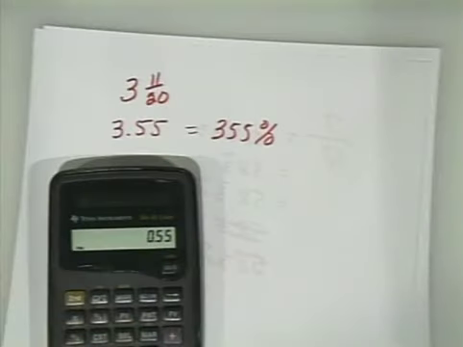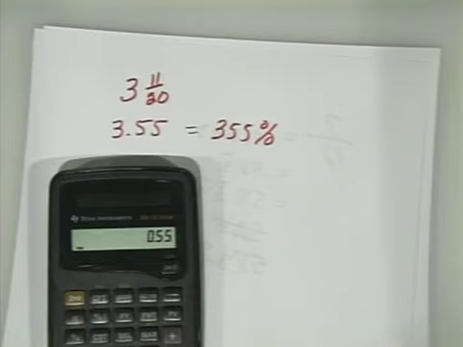That's going to be 355%. Another way of doing that, and I think someone up to the front here talked about doing that in our last class section, is you can convert the entire mixed number to an improper fraction by taking 20 times 3 and adding 11. In that case, you'd get 71 divided by 20.